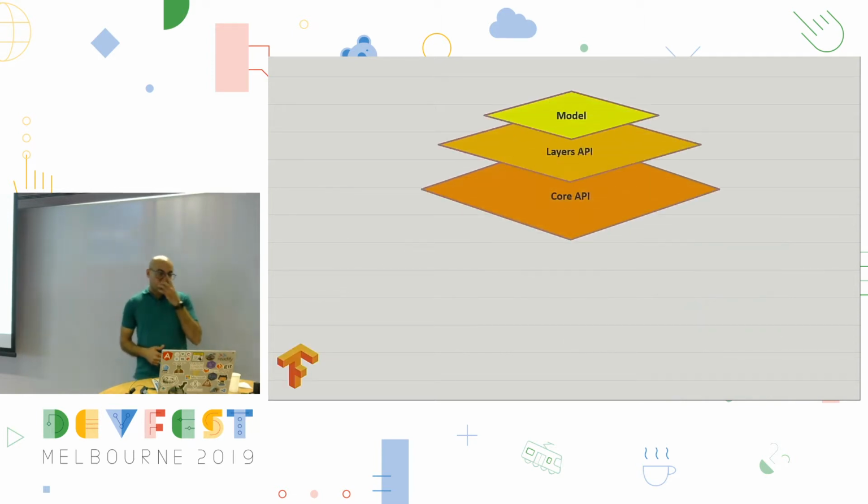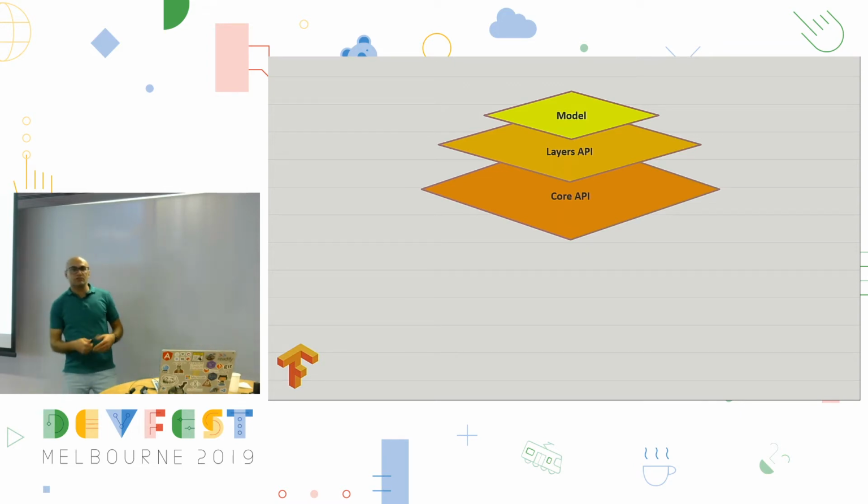So how it works, it's got a bunch of layers. We don't go through all of those, but basically you have 3 layers. You have your model on the top level. That's where you interact with the model. That's what you expose to all the users. Underneath the model, there is the layers API. As I showed in that picture, you saw those layers. Every single machine learning model consists of a lot of, or maybe a few layers.